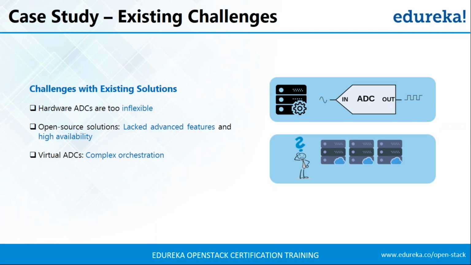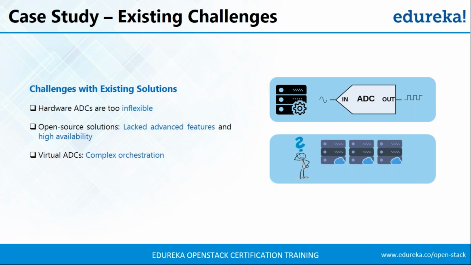And then the open source solutions that are available in the market lacked the advanced solutions, and they were not capable of handling this kind of enterprise level business problem. It also lacked the advanced features that Time Warner Cable was looking for.